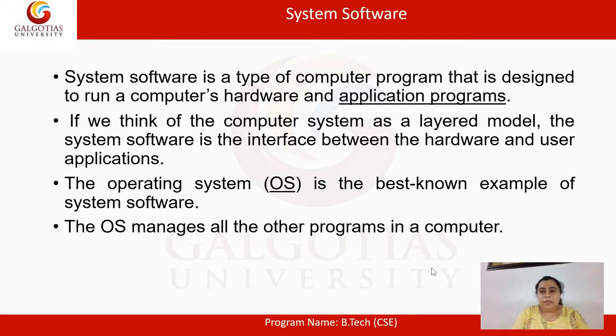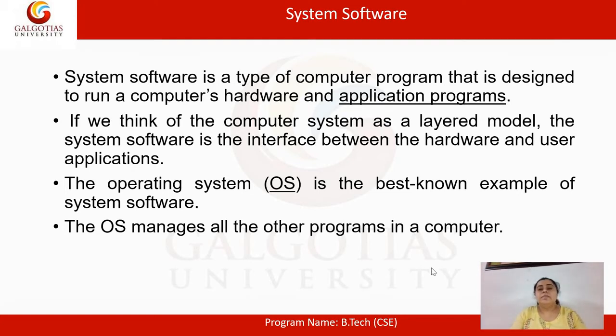When we talk about the computer system itself, the innermost layer is your hardware and the outermost layer is your user. So if the user wants to communicate with the hardware, then they need some intermediate between them. That interface between the hardware and the user is your system software.